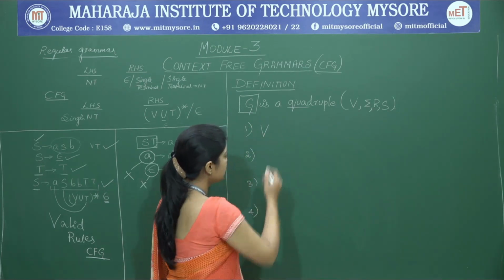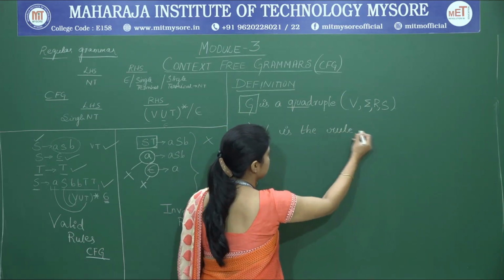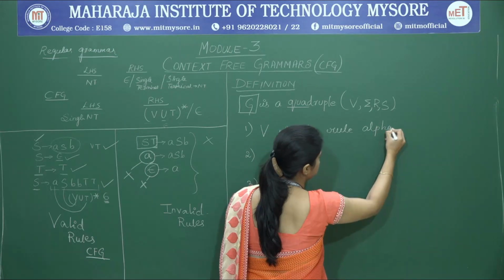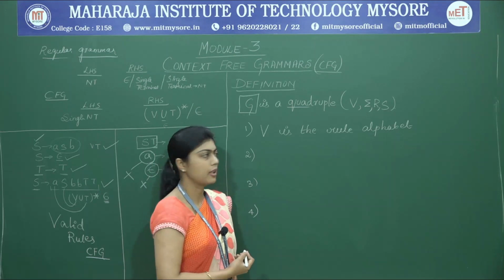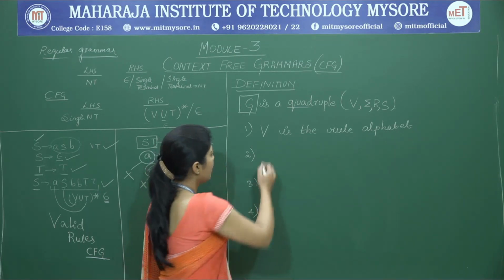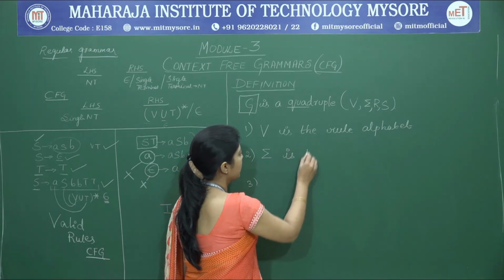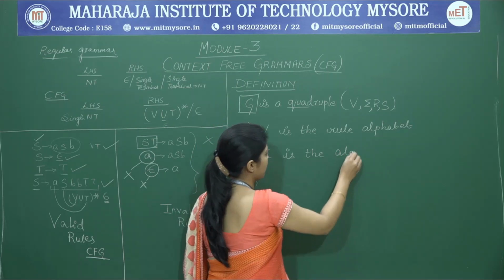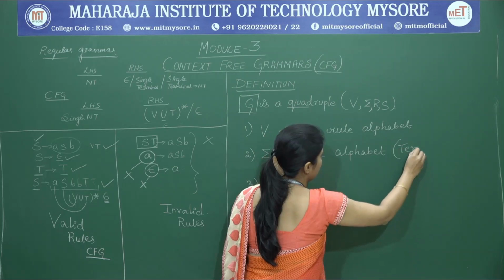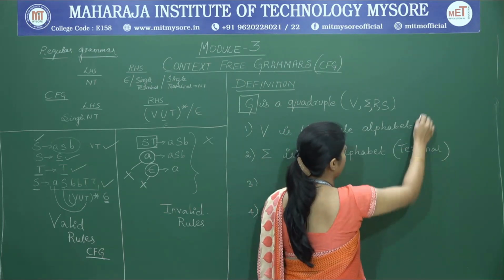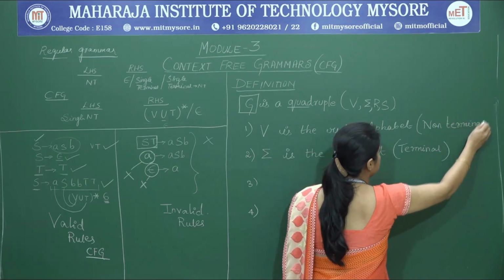So this V is the rule alphabet. These are nothing but capital letters, and this is represented as a V. We know already what is sigma. So sigma is the symbols, the alphabet, and this is usually the terminal symbols, and this is usually the non-terminal symbols.